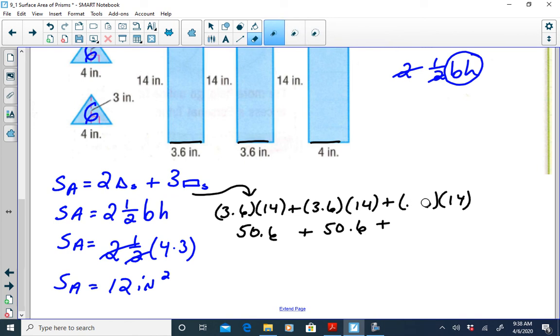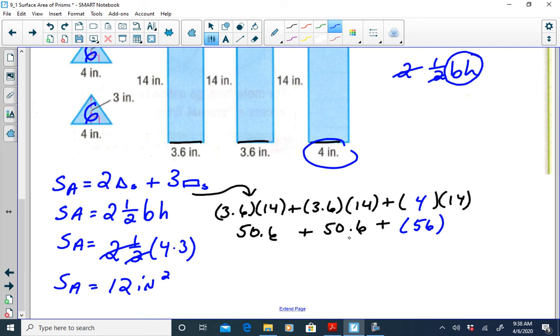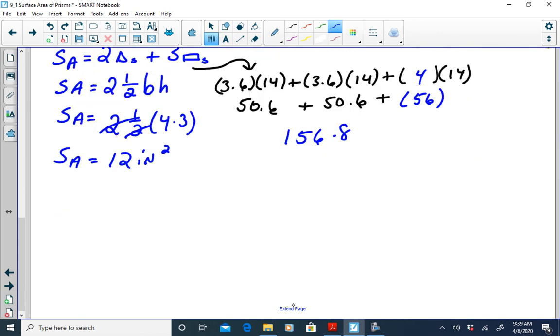That last rectangle isn't 3.6 times 14. Undo that, it's actually 4 times 14. So that should have been a 4, and 4 times 14 would be 56. When we add that together, we wind up with 156.8.